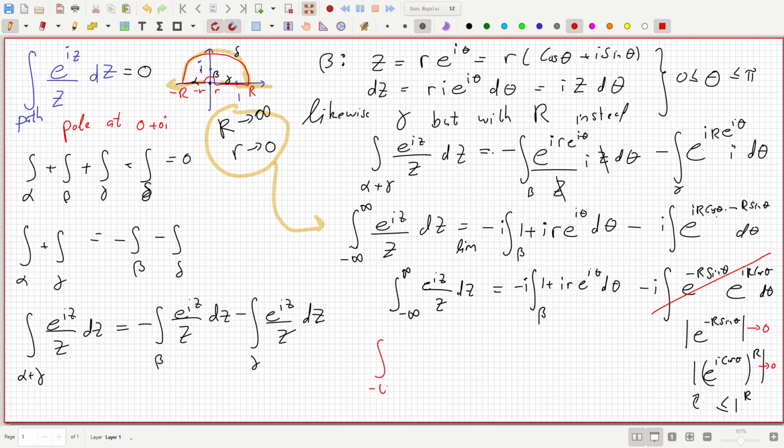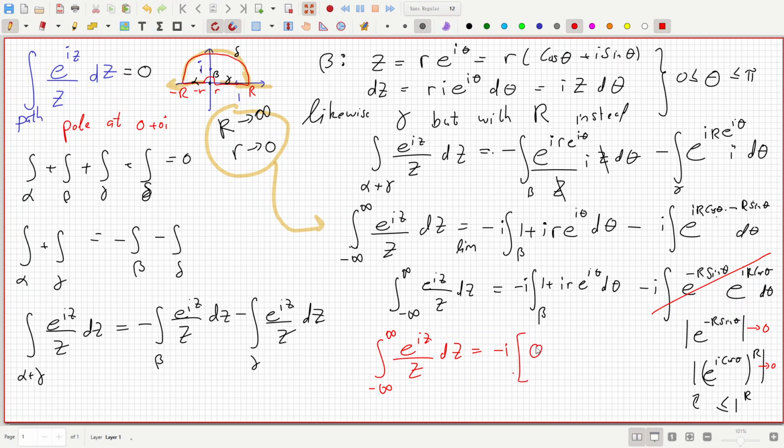So the critical one now, minus infinity to infinity e to the iz over z dz, that will equal this path integral here, which will be minus i, 0 to pi. And you know what, let's just go straight into integrating it.